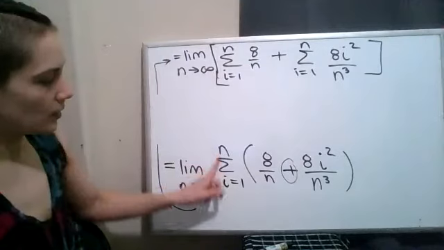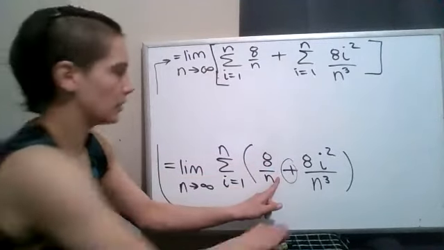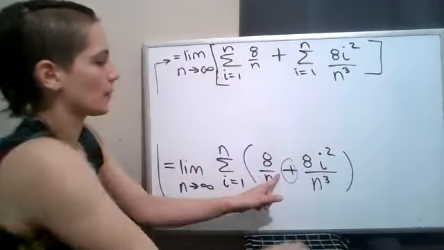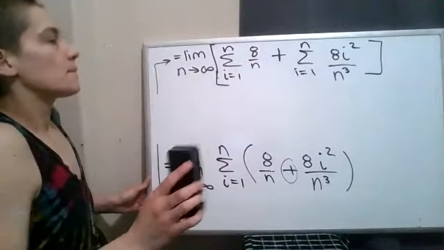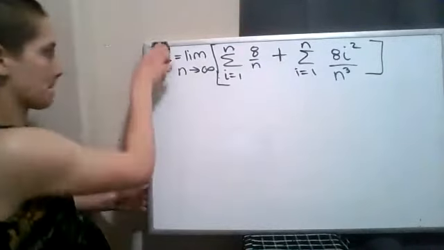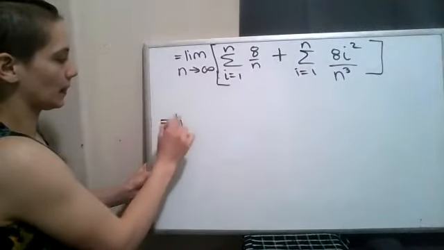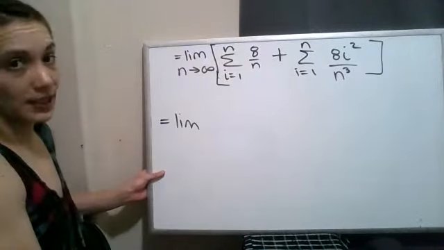Here we've got the sum, and the correct plus sign in the middle. Limit as n goes to infinity.